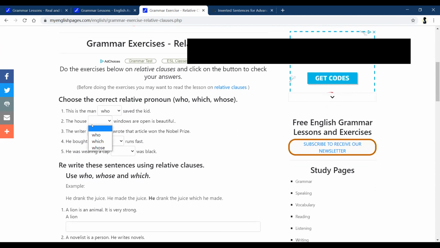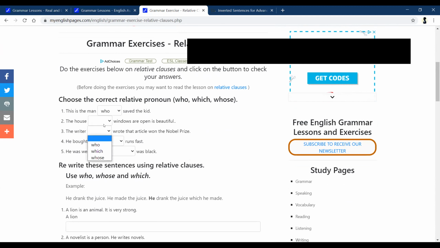The second one: the house blank windows are open is beautiful. You can take some time by pausing the video, and I will continue. The house who windows are open is beautiful. The house which windows are open is beautiful. The house whose windows are open is beautiful.